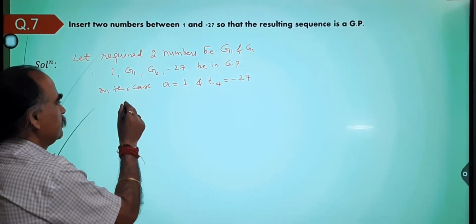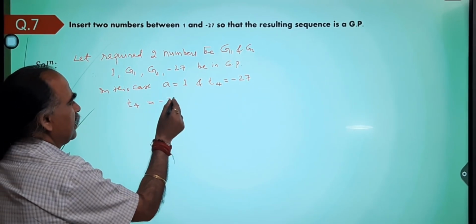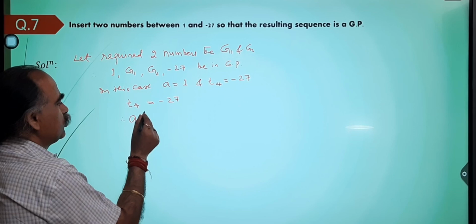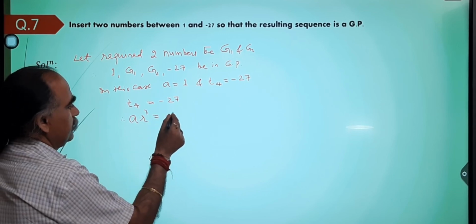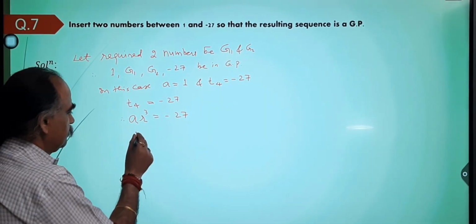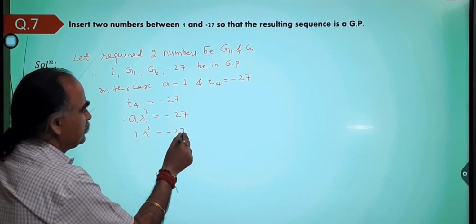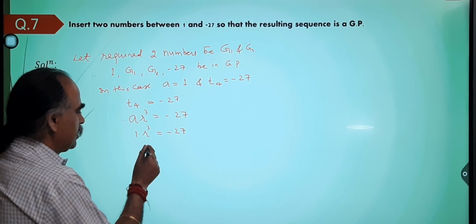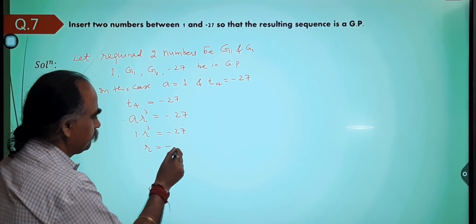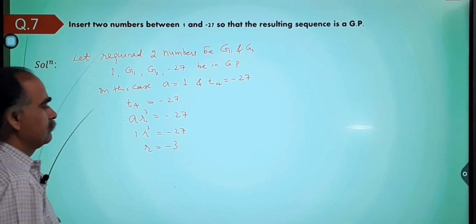But by formula, fourth term is A into R cube, which is minus 27. A is 1. 1 into R cube is minus 27. So R will be minus 3. We got R.